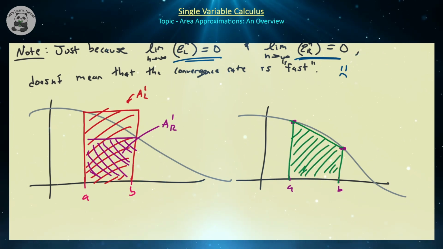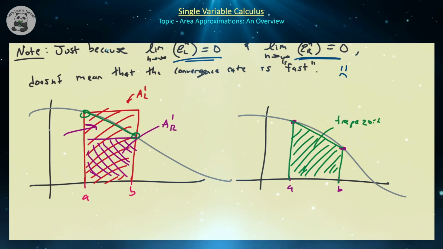In this particular picture, it is an under approximation, but it's not as much of an under approximation as A1R is. Because in this same picture, notice that all of this area here is accounted for, which is really great, but there's still a little bit of area that is missing. So what shape do you see here? That is a trapezoid.